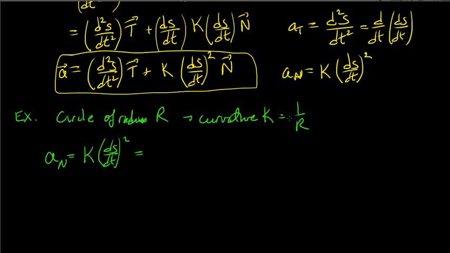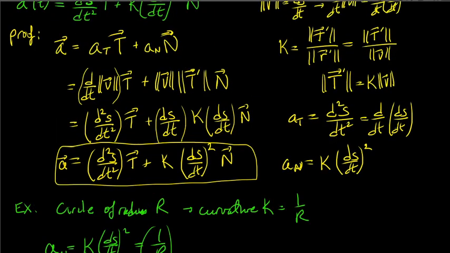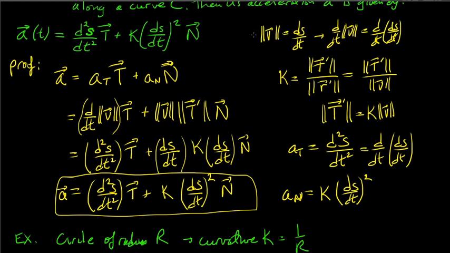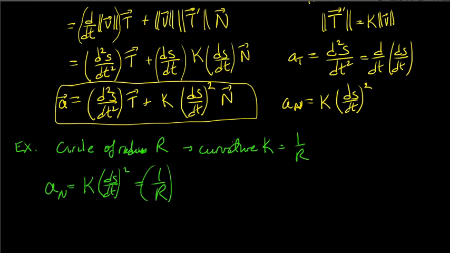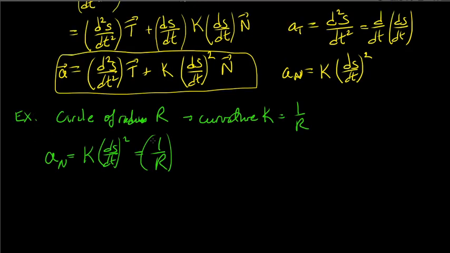But if kappa is 1 over R, and the derivative of s is the magnitude of v, which I can just write as v as a scalar, so this is just v squared, the speed squared. Well, that's just v squared over R.